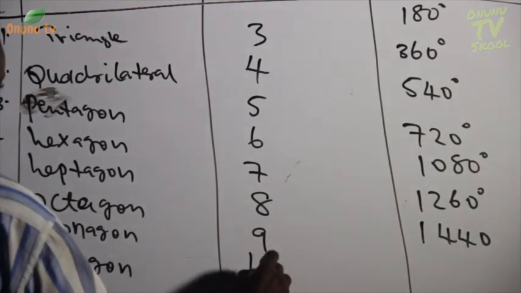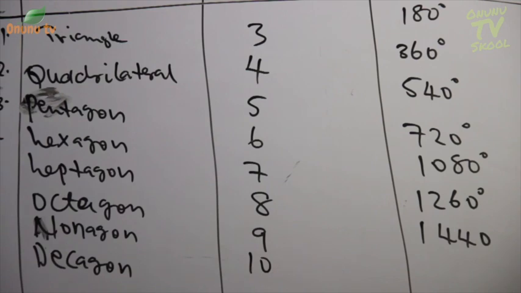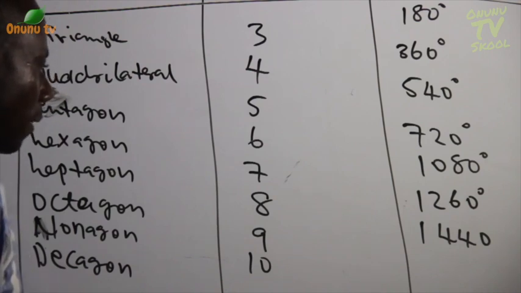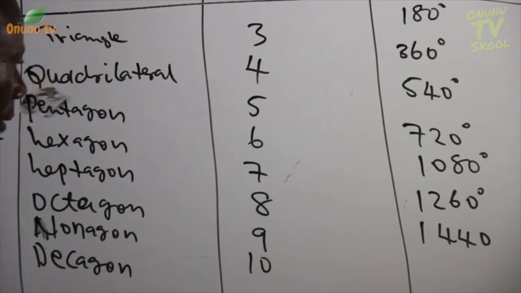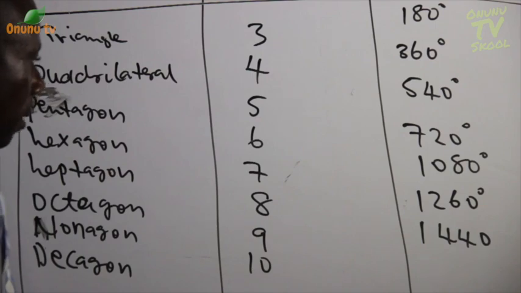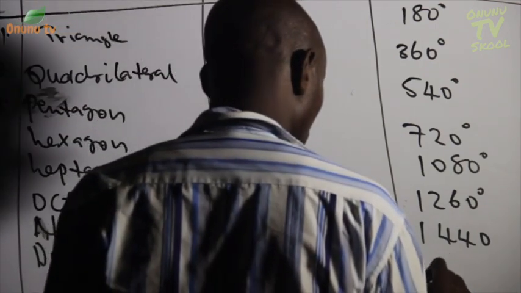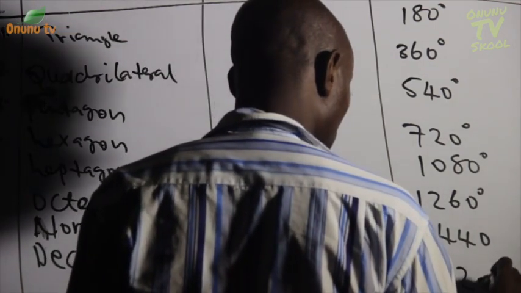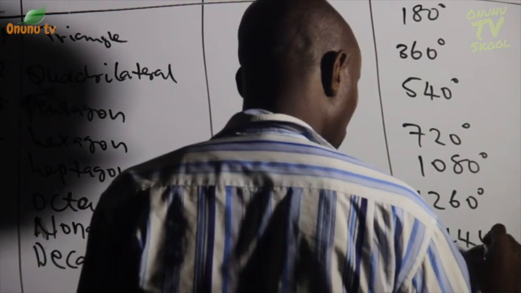Number of sides is 10, and the sum angle is 1440 degrees.